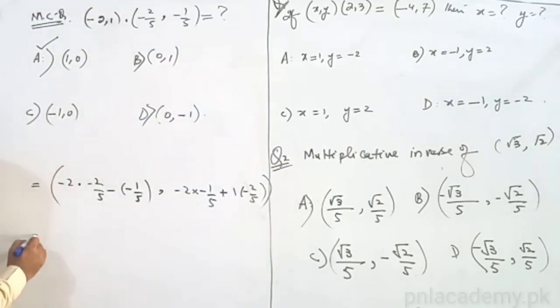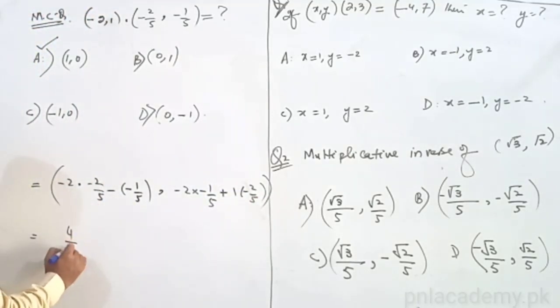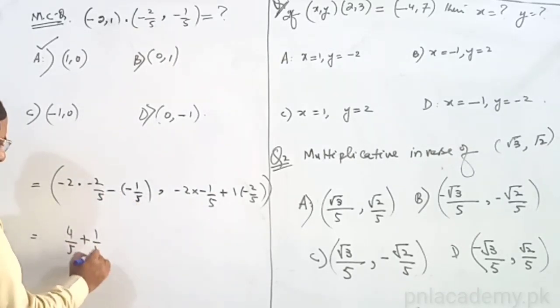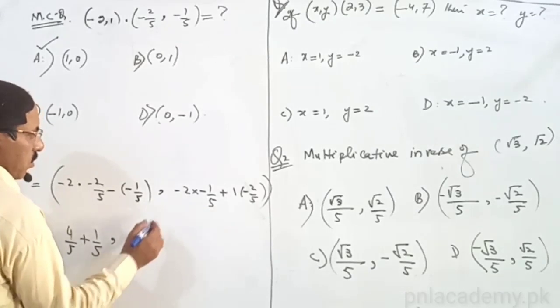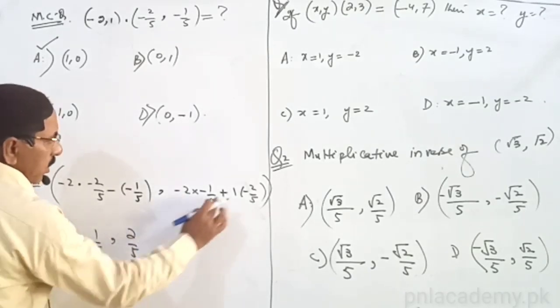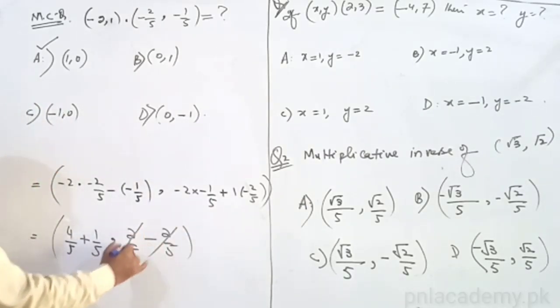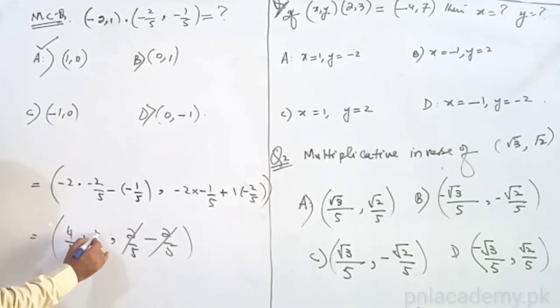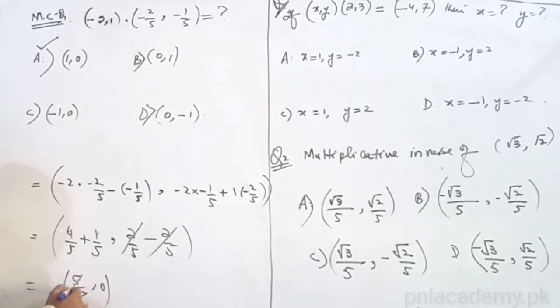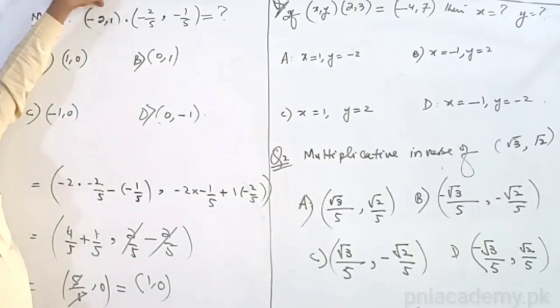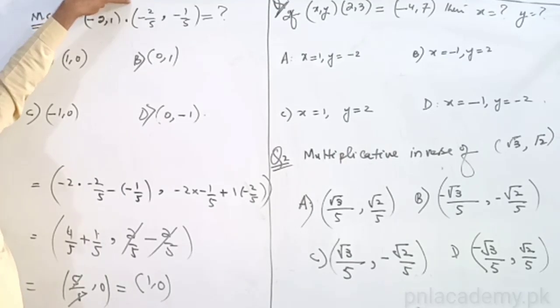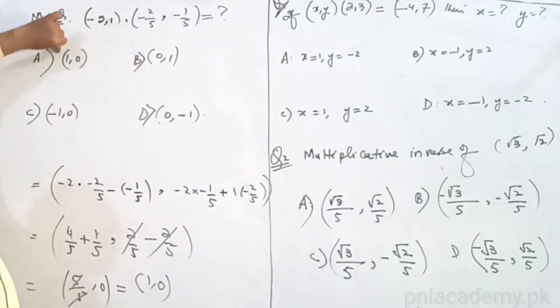So the result is plus 4 upon 5 plus 1 upon 5 comma plus 2 upon 5 minus 2 upon 5. The 2 upon 5 cancels. 4 plus 1 is 5 upon 5, comma 0. 5 cancels. The result is (1, 0). It means if we multiply two complex numbers which are multiplicative inverses of each other, they will give us the multiplicative identity, which is (1, 0).